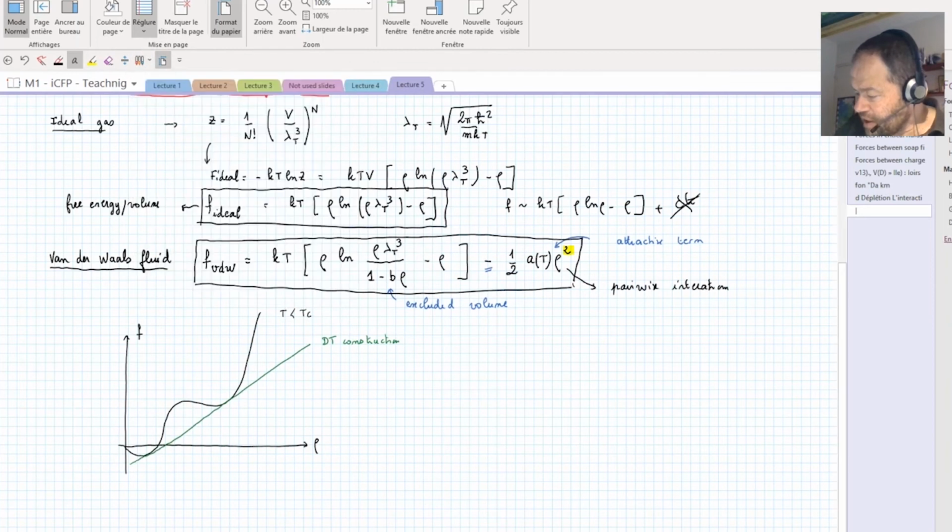And this phase transition makes appear two phases, one with a large density, which is the liquid, and one with a low density, which is a vapor.